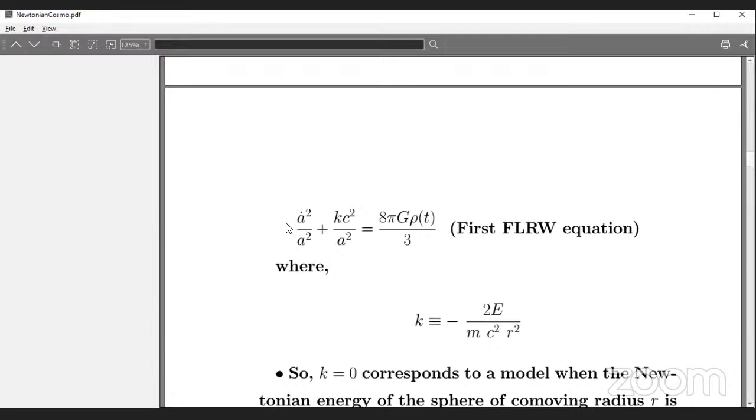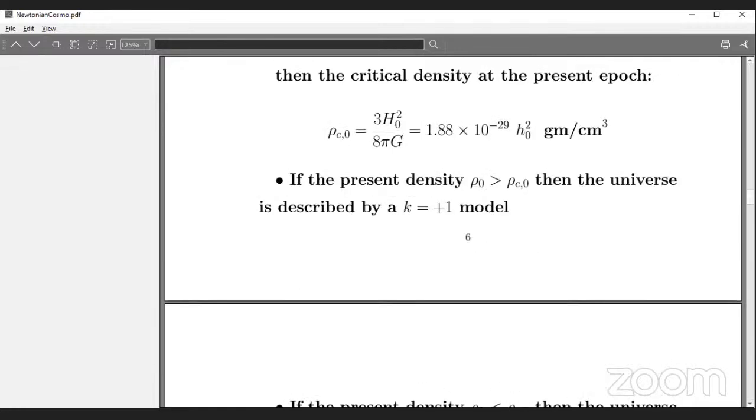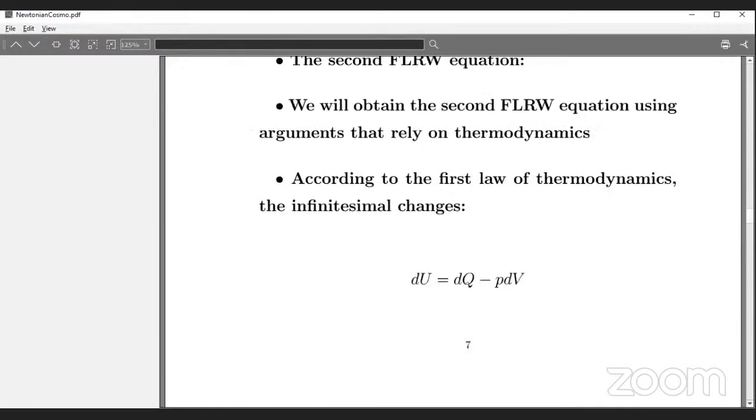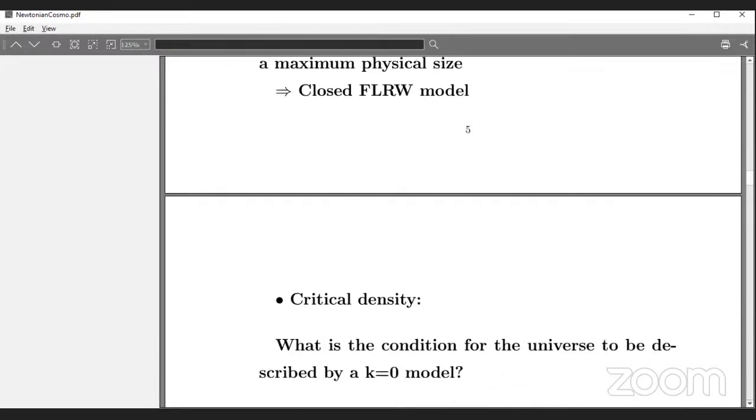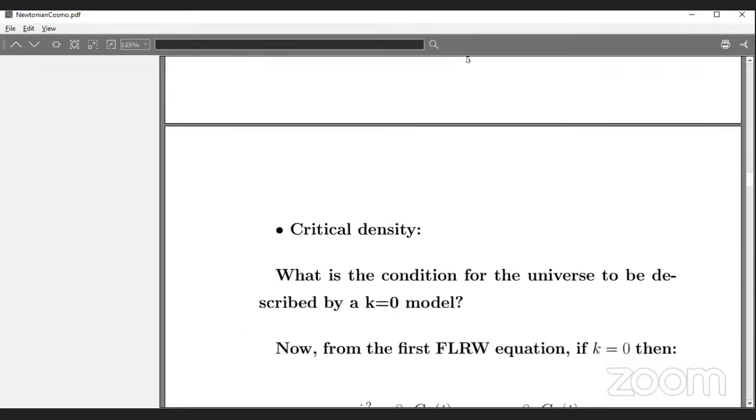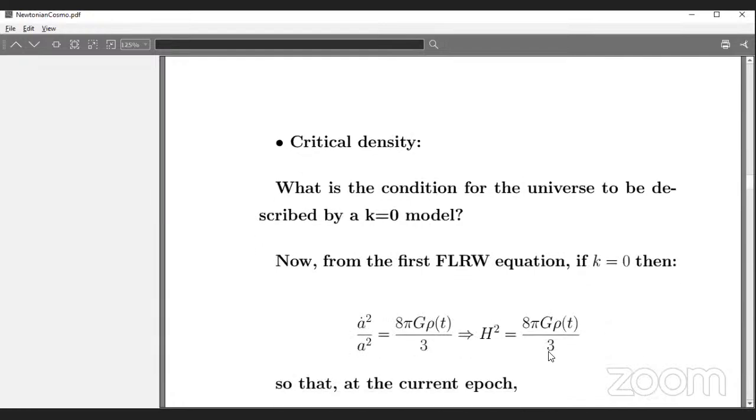So the equation is H squared is 8 pi G rho of t divided by 3 when K is equal to 0. For the K equal to 0 model, at all times, the square of the Hubble parameter must be 8 pi G by 3 multiplied by the mass density of the universe. This is the condition in order that the universe is described by the K equal to 0 FLRW model.